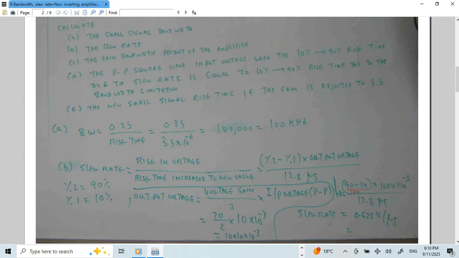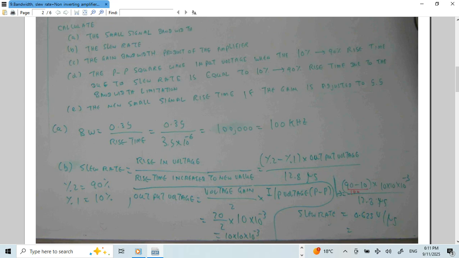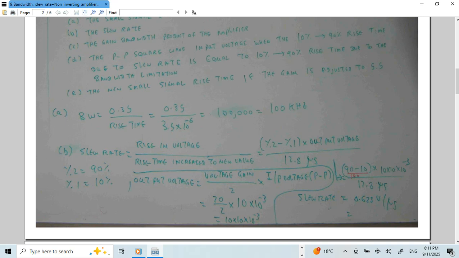Then you can calculate the slew rate. The slew rate is 0.625 into 10 power 6 volt per second, or 0.625 volt per microsecond.